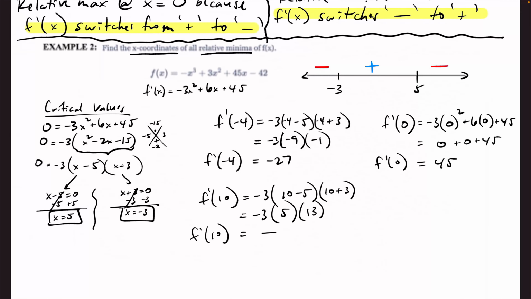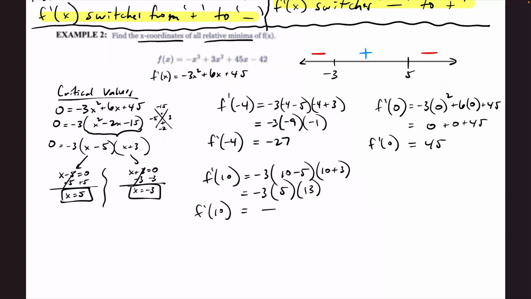All right, so now we can identify what's a maximum and what's a minimum. So we said before left of -3, the function is decreasing. Then from -3 all the way to 5, the function increases. And then after 5 to infinity, it's decreasing.